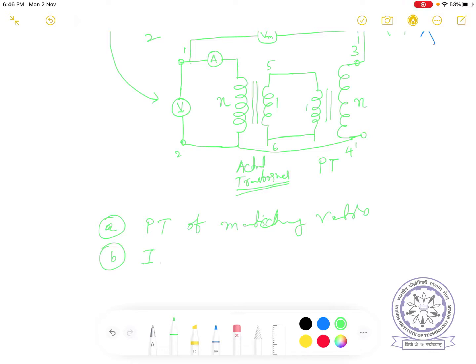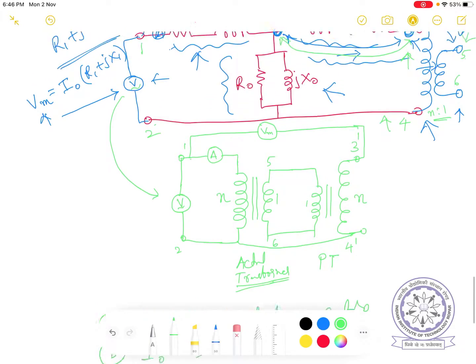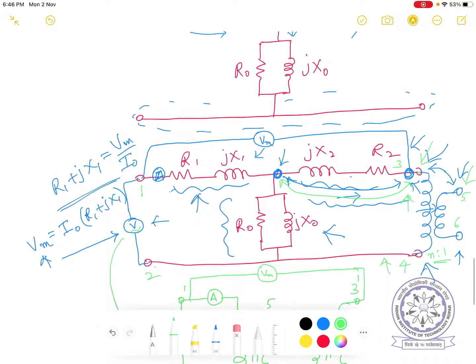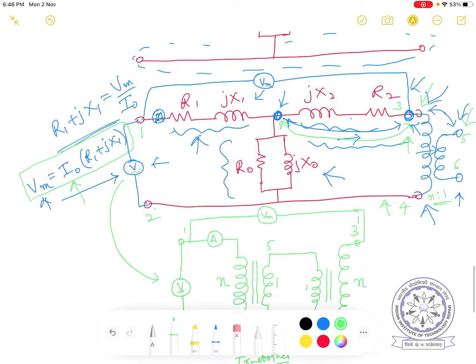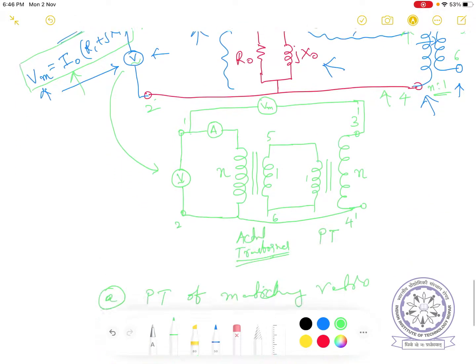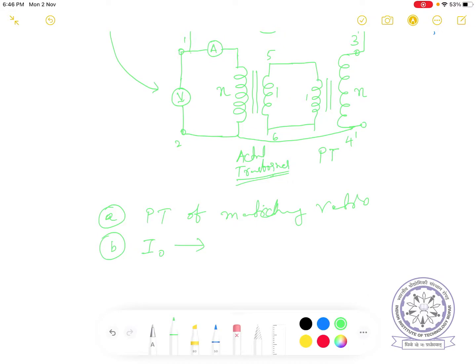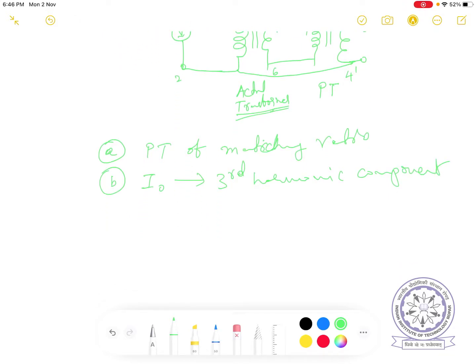Now we are calculating the impedance using this formula, right? Vm is equal to I0 into R1 plus jX1. But if this I0 is of single frequency, then we don't have any problem. But it has a good amount of third harmonic component. That complicates it. Then what is the third difficulty?